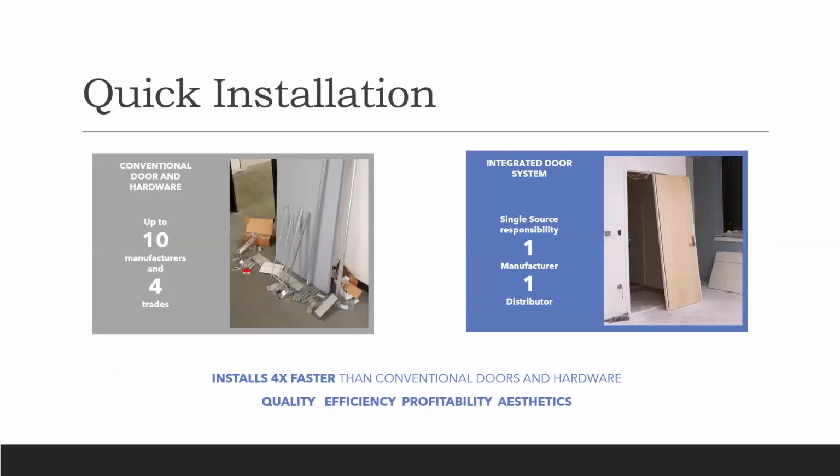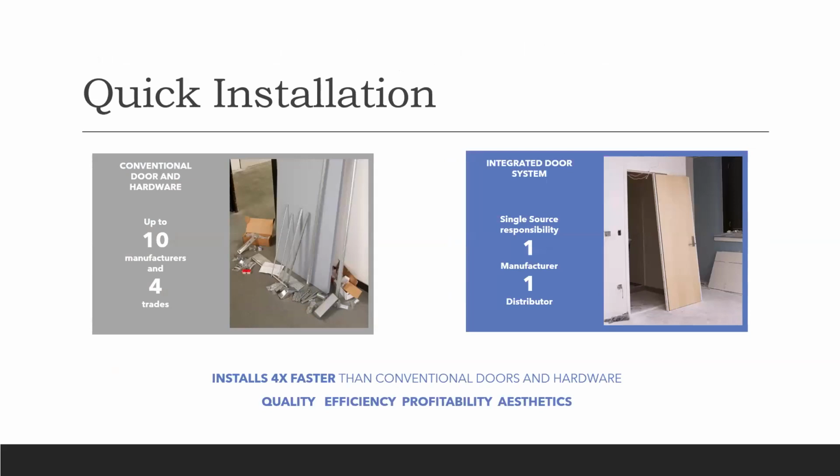So an integrated door system is going to install 4 times faster than a conventional door. So you could get a door like the one on the left where you'd put it together on site, maybe risk losing pieces or parts. And you may even find that an installation warehouse is necessary for installation. There are just these unknown conditions in the field.